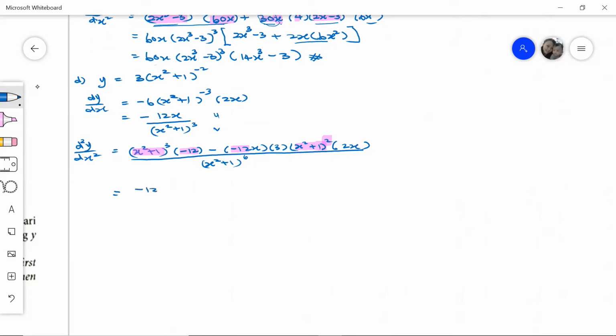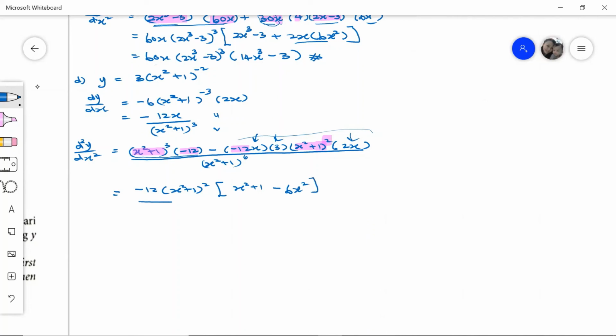We have -12, x squared plus 1 raised to the power of 2. For the first term here, what is left behind? x squared plus 1 is left behind. And then the second term here, we will have -3 times 2, so 6x times with the x here. So take this, multiply together, we have 6x squared. And x squared plus 1 squared is already factorized, so no need to write that.